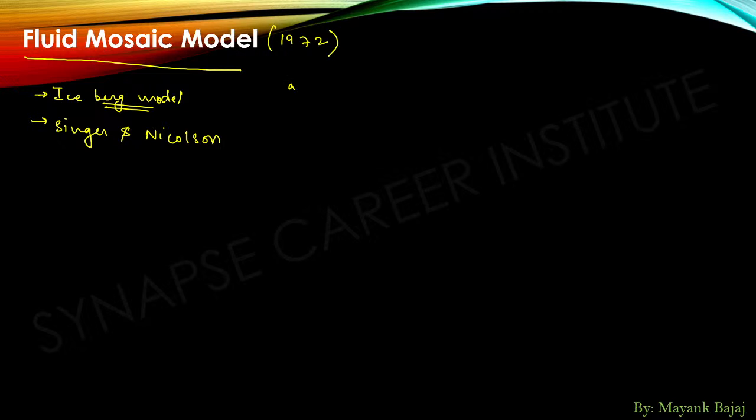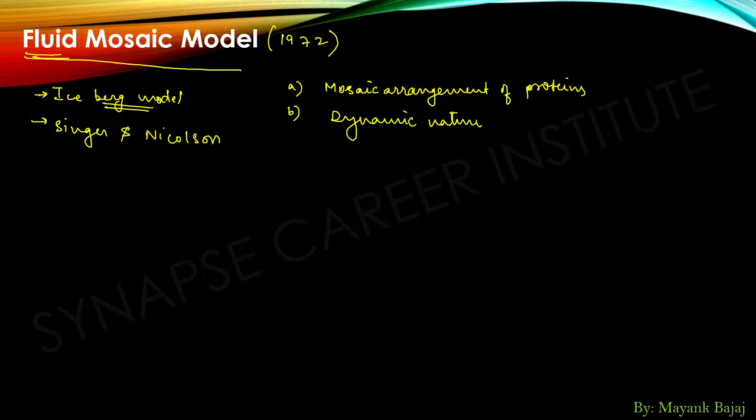The first thing it identified was the mosaic arrangement of proteins; the layer portion is gone. And since the name is fluid mosaic model, it also proposed the dynamic nature of the membrane, right?